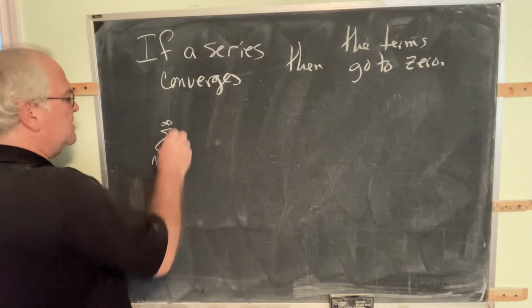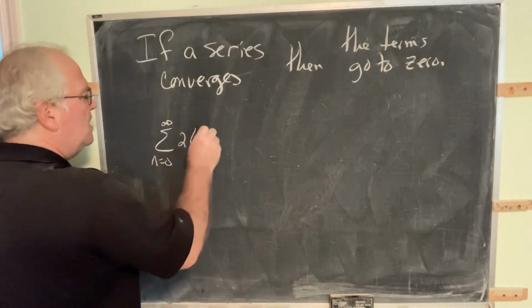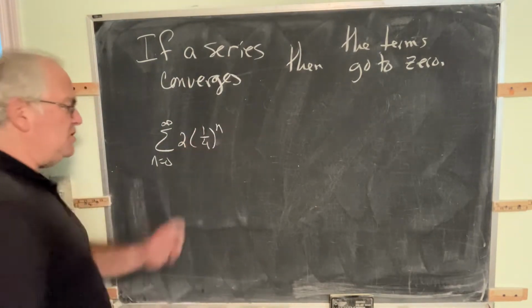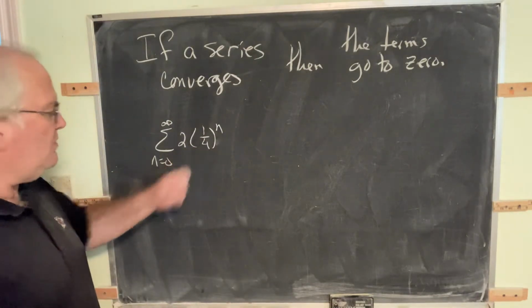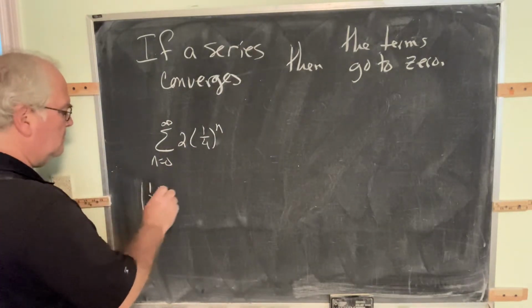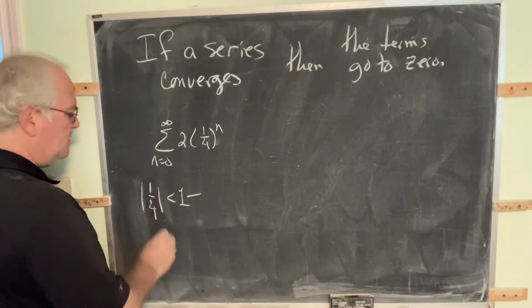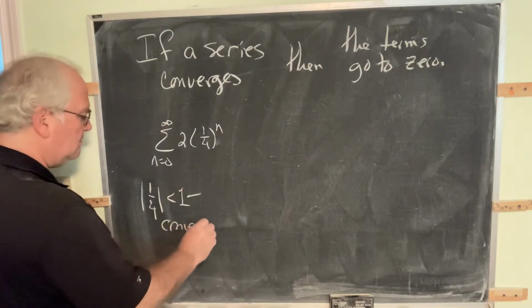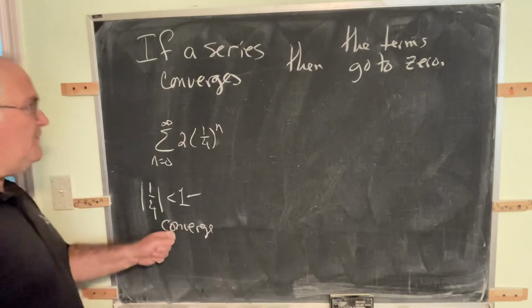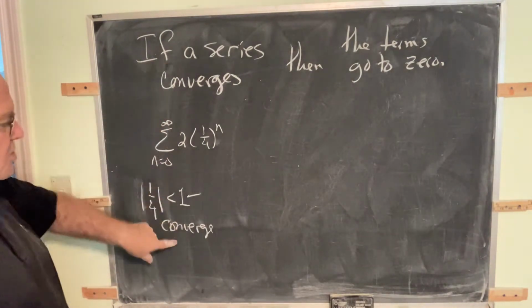We know this. Let's take the sum of 2 times 1/4 to the n. This is a geometric series with r equal to 1/4. That is less than 1. So this does converge.